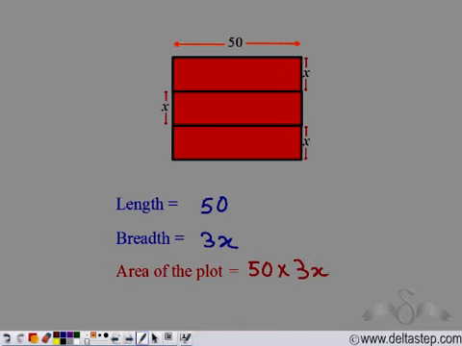Now what is this 3X? This 3X is actually 3 into X. So 50 into 3 into X. 50 into 3 is 150. So this is 150 into X. And 150 into X is 150X. So the area of this plot is 150X.